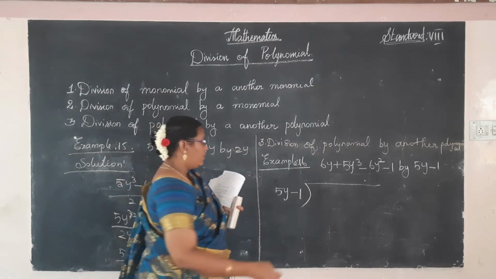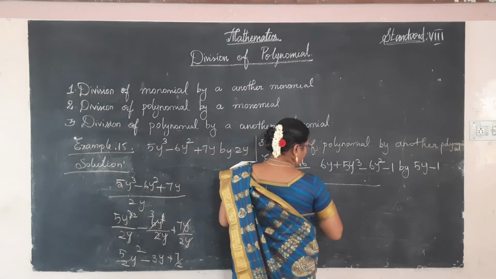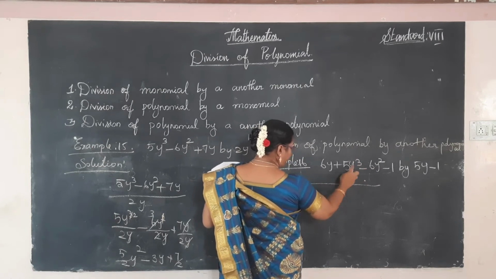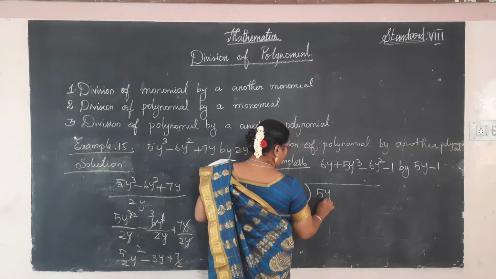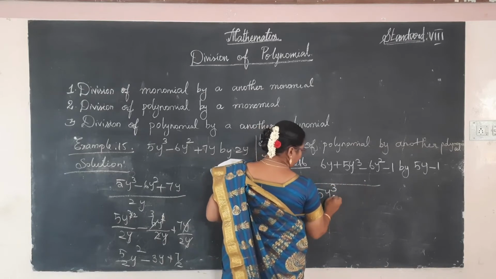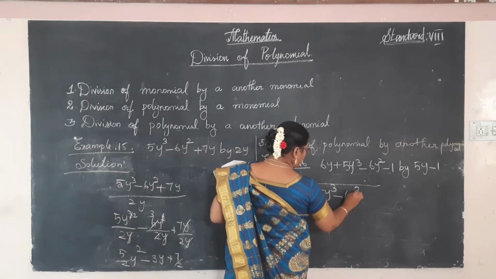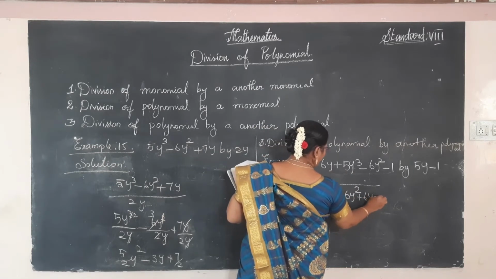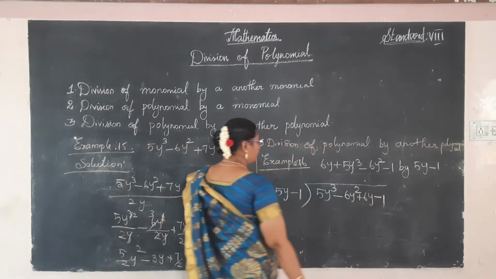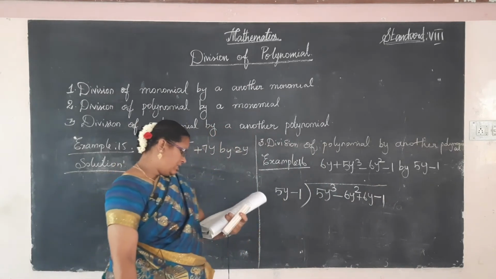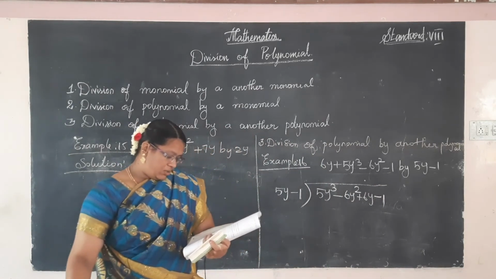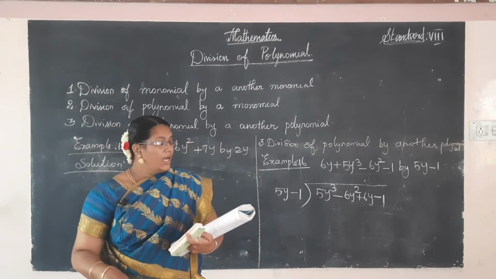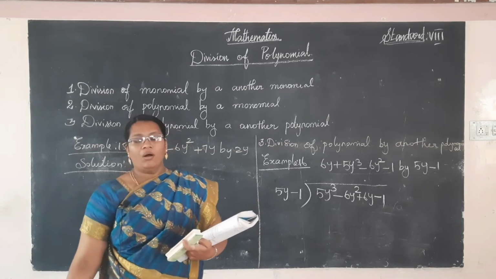So the first, highest power is 5y power 3, the next is minus 6y squared, the next is plus 6y, and the next is the constant term, minus 1. So for any algebraic expression, first arrange the dividend in descending or ascending order.